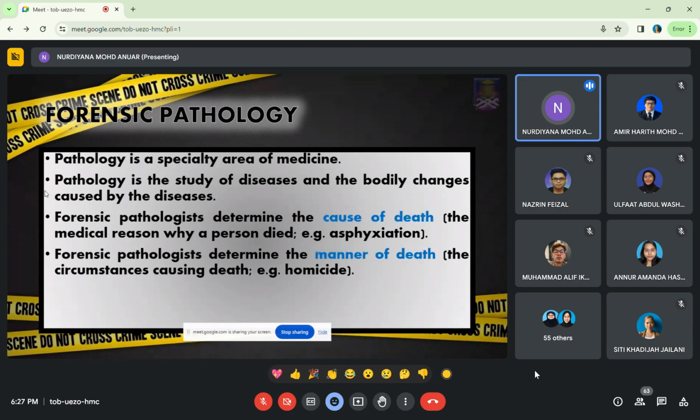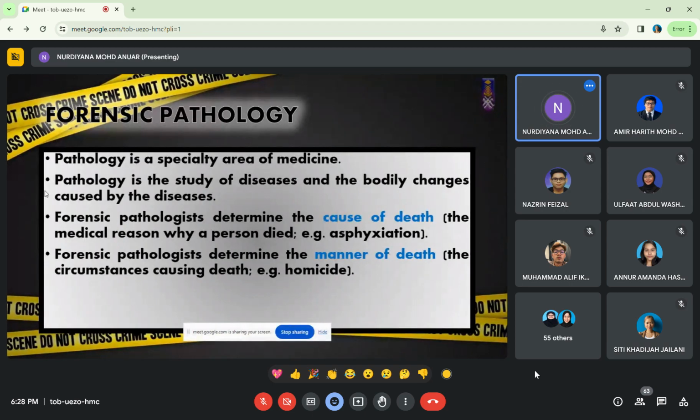But for forensic pathologists, dia punya area basically to determine the cause of death. So kita akan buat postmortem to see whether that person died because of asphyxiation ke, ataupun maybe because of heart attacks, maybe because of poison and so on.